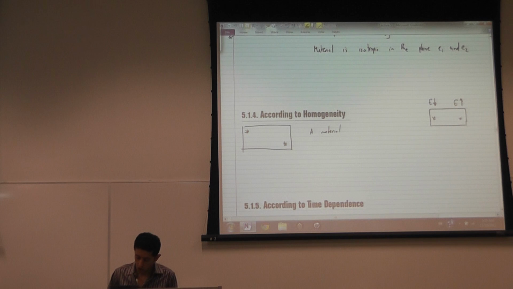But a homogeneous material is a material whose response to loading is independent of the location.